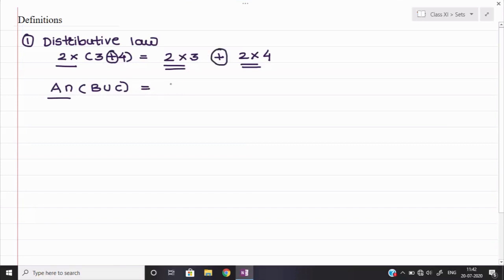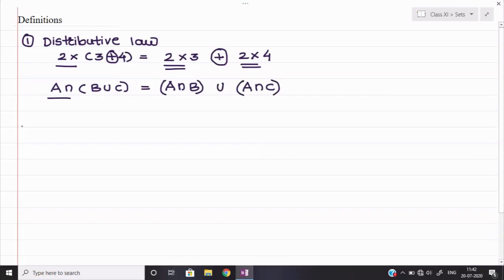So A intersection B, then what is the sign between B and C? That is union, so I write union. These two terms I put in brackets. Similarly, then I write A intersection C. So this is called the distributive law.